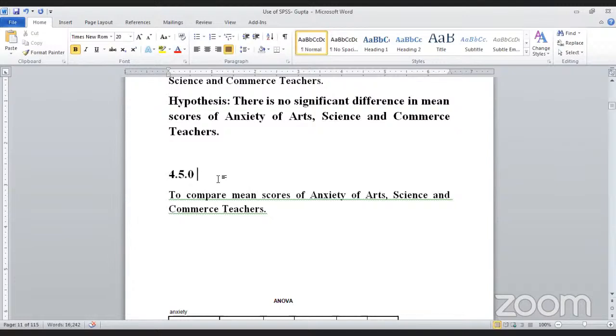Can you tell me the heading of this particular caption? No, Ashok Malhotra, it is wrong, beta. No, because you have written stream wise, then how can you write arts and science and commerce? It should be stream wise comparison of mean scores of anxiety of teachers. That's all. So that is the correct one.